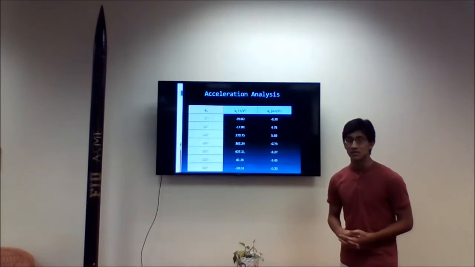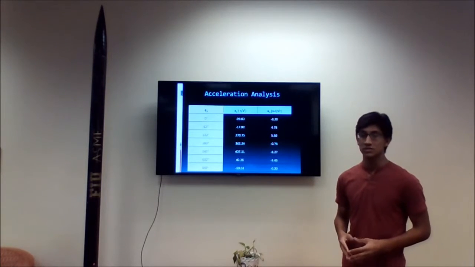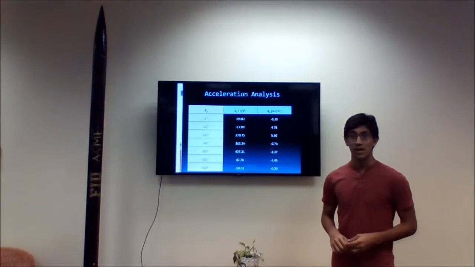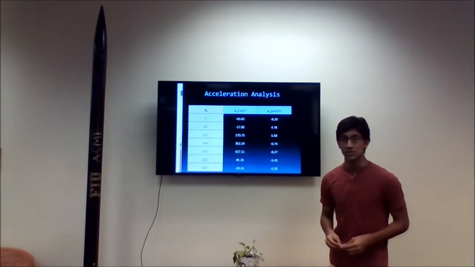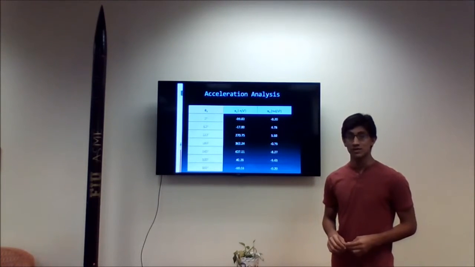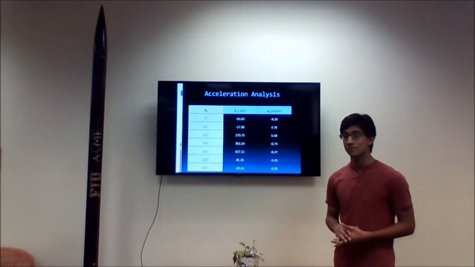The acceleration analysis followed the same procedure, where we knew the angular acceleration of link 2, the input link, which had 0 radians per second squared.